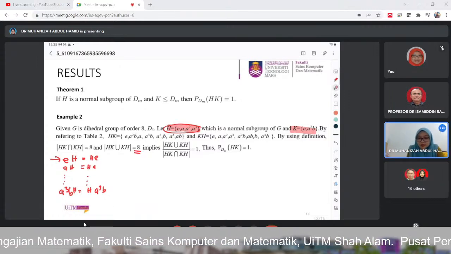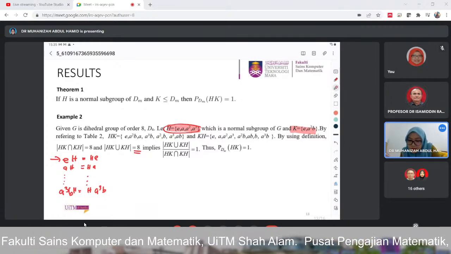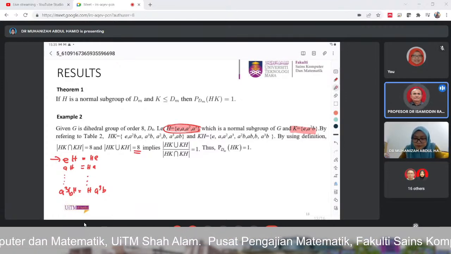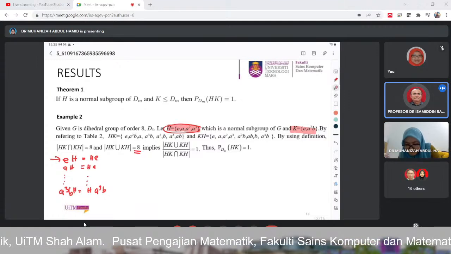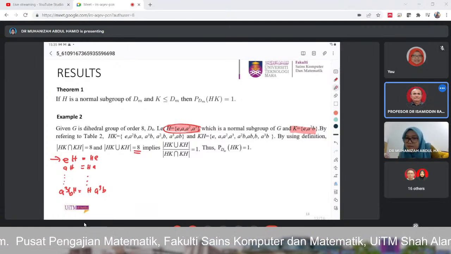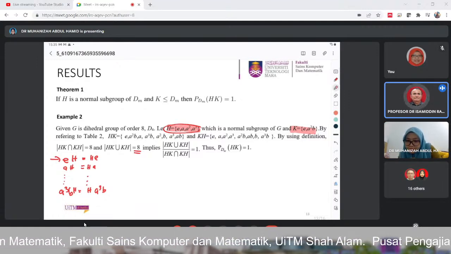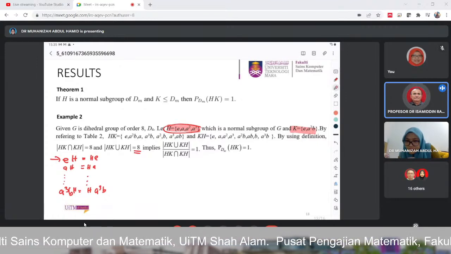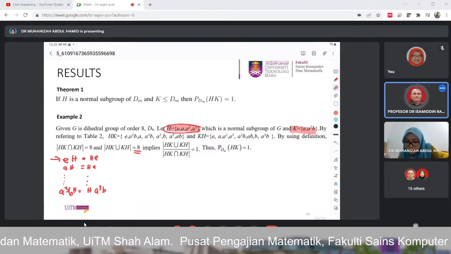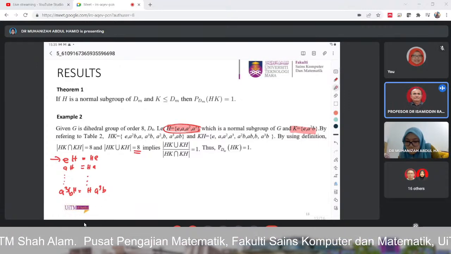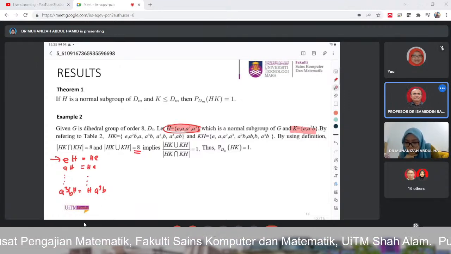Do you understand my question? Because this one is upper, HK equals KH, correct? It is not only in your example; it is in general. HK equals KH.